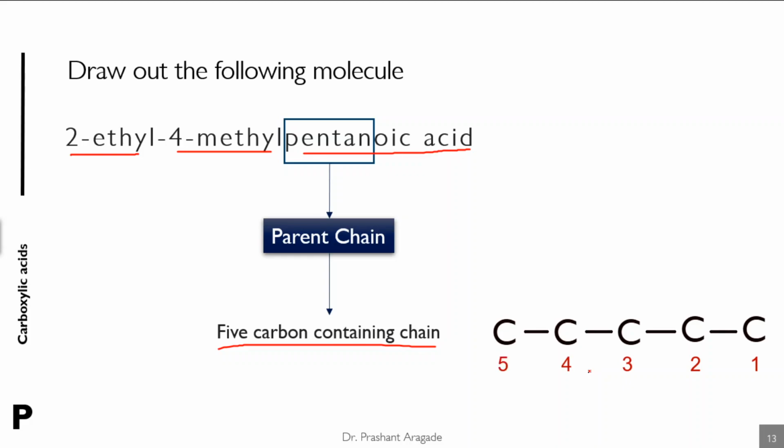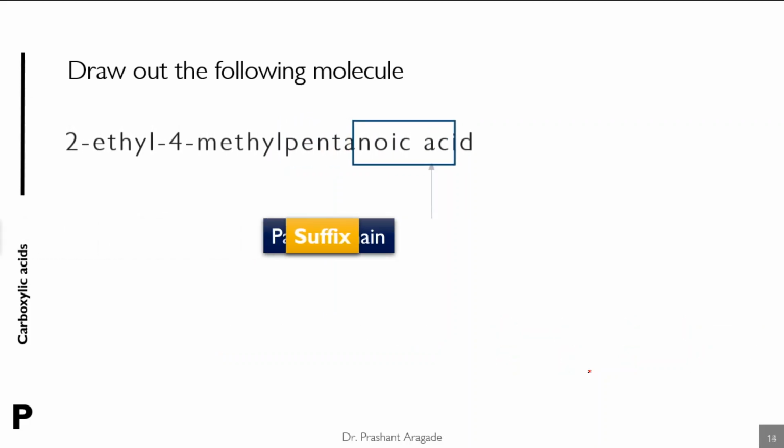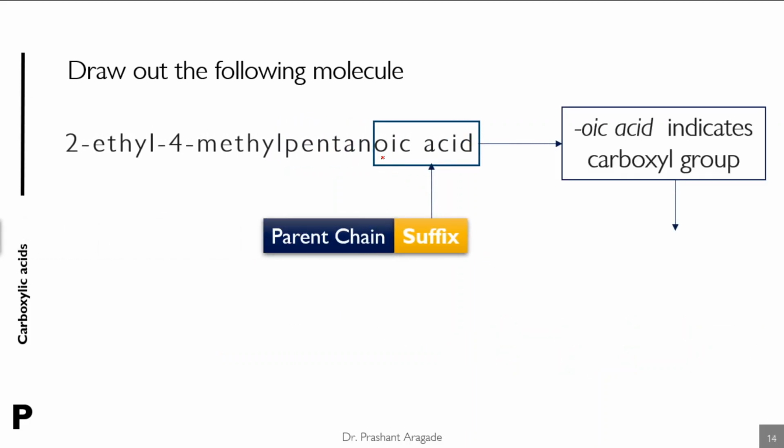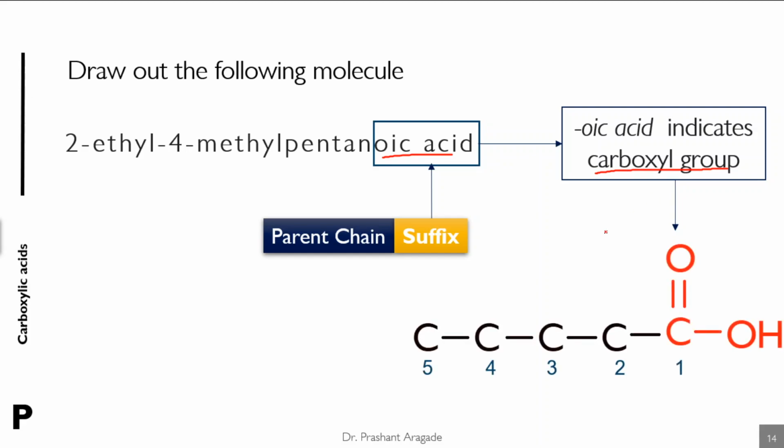So your parent chain is completed. Then think about the suffix, and the suffix is oic acid. Oic acid is the suffix used to indicate the carboxylic acid functional group, that is the carboxyl group, which means you have to add the carbonyl group along with the hydroxyl group, that is C double bond O OH, at number 1.